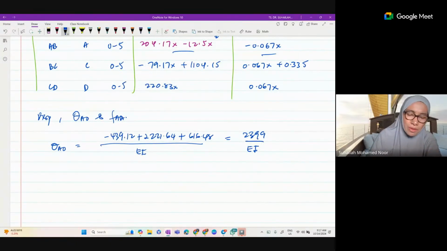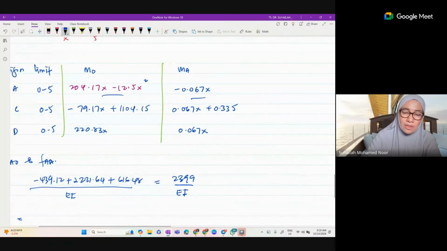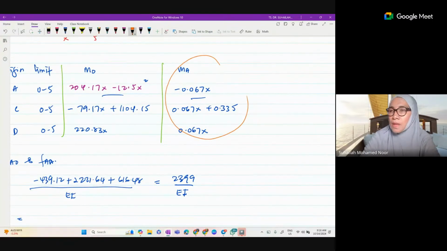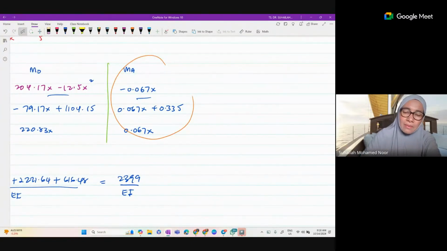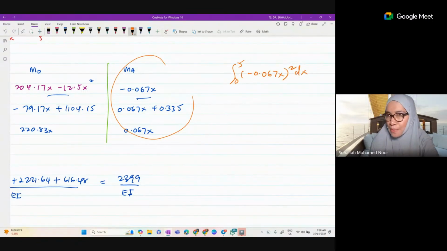Okay, now we do the same for FAA. FAA, we just focus on this. So please calculate for AB, 0 to 5, negative 0.067x squared dx. That is for AB.